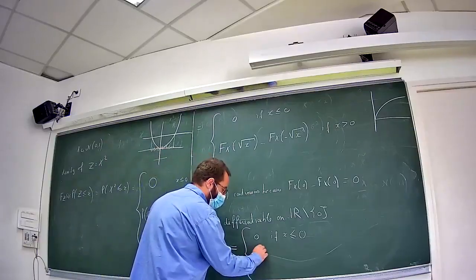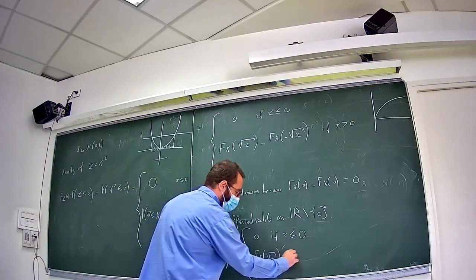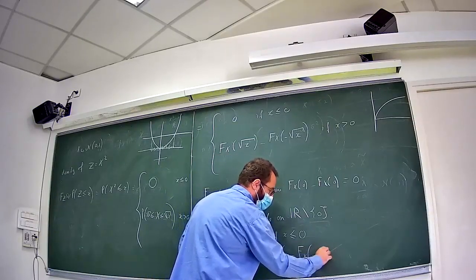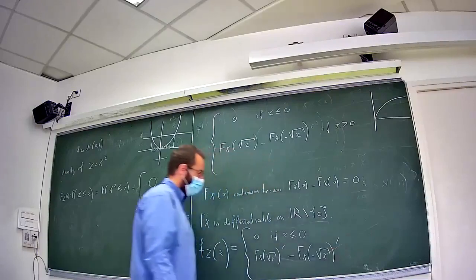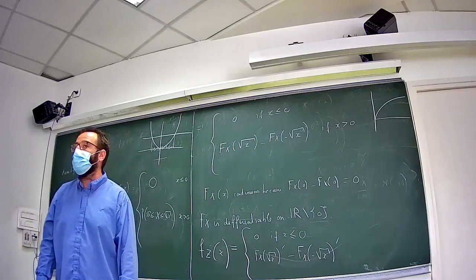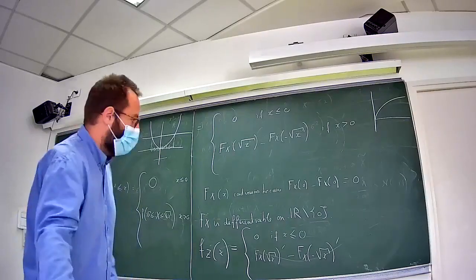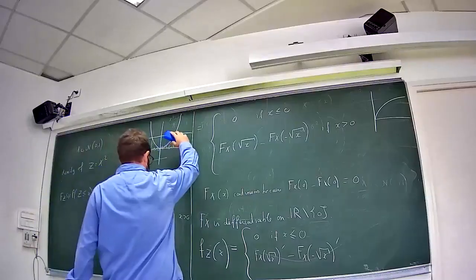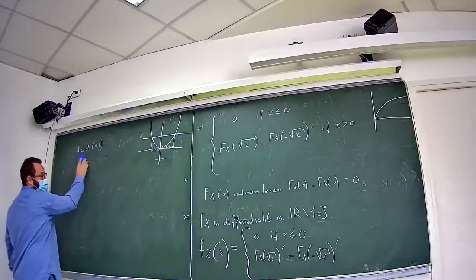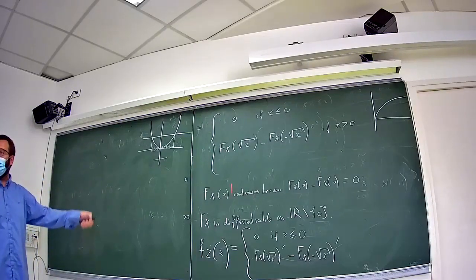That is fx of square root of x prime minus fx of minus square root of x prime. And so my problem here is just reduced to the computation of the derivative of a compound function, basically. I read this. You see that I checked that I am able to use the theorem.